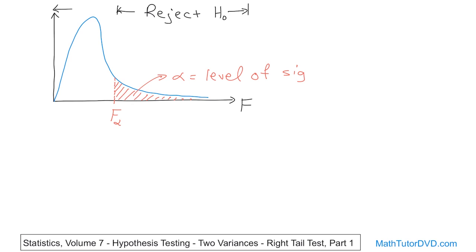And if you get a value in your test statistic over here, you will fail to reject the null hypothesis. So essentially, the problem is going to give you enough information to figure out what F sub alpha is, and then your data is also going to give you enough information to figure out where your test statistic lies. If you get a test statistic anywhere over here, then you're going to have enough evidence at this level of significance to reject the null hypothesis. And if you get a test statistic from your data over here, you're going to fail to reject that null hypothesis.